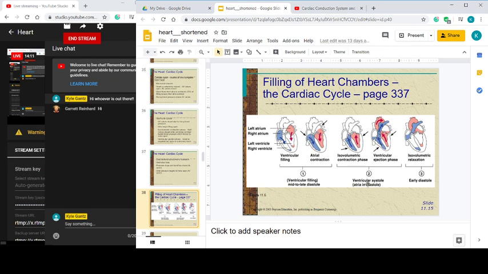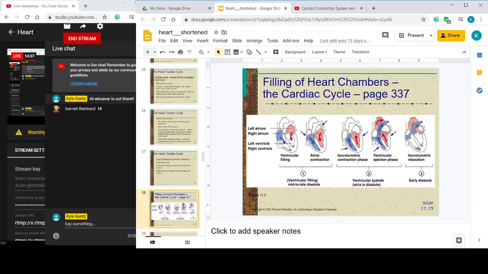We have two different phases to that. We have one where we start to build the pressure. We've got to build the pressure in order to get it to eject out of the semilunar valves. And then once we've built that pressure and blood starts to move, they call that the ventricular ejection phase. Then we get into this isovolumetric relaxation, so everything's going to relax again.